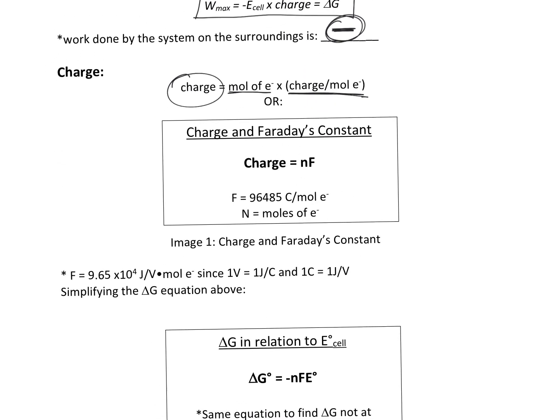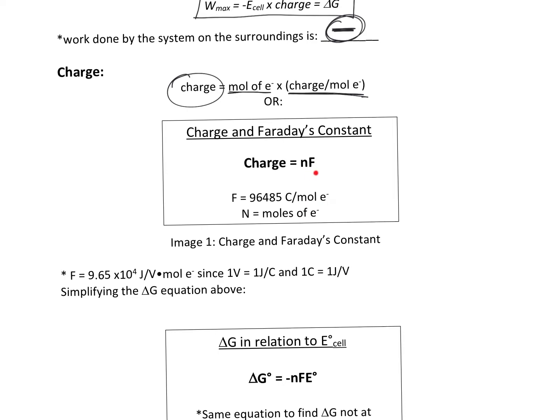That relates to a constant called Faraday's constant. Charge is equal to N, which is moles of electrons, times a constant, which is 96,485 coulombs. Coulombs is another unit for charge, per mole of electrons.